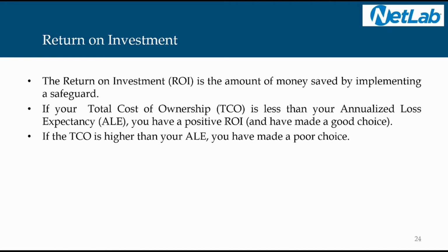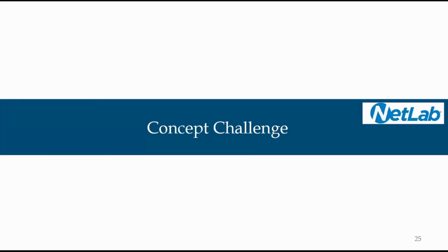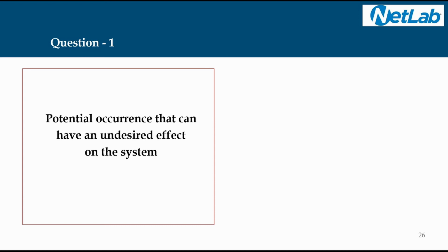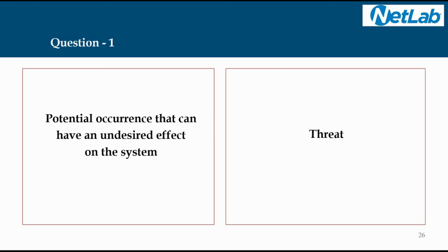Let's now move to the concept challenge. There are 10 questions this time. Question number 1. Potential occurrence that can have an undesired effect on the system. Threat. Question number 2.